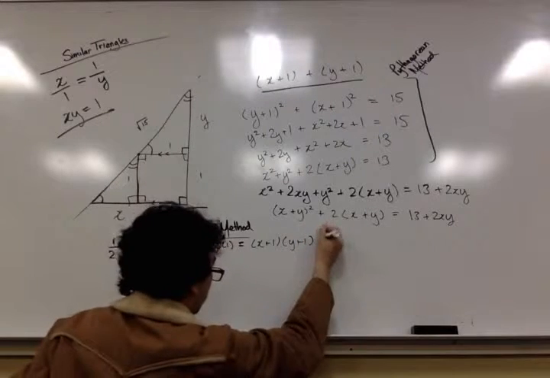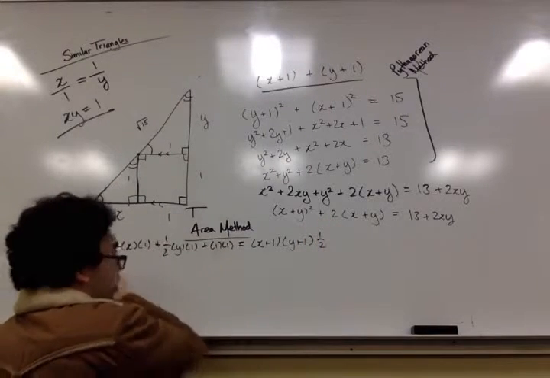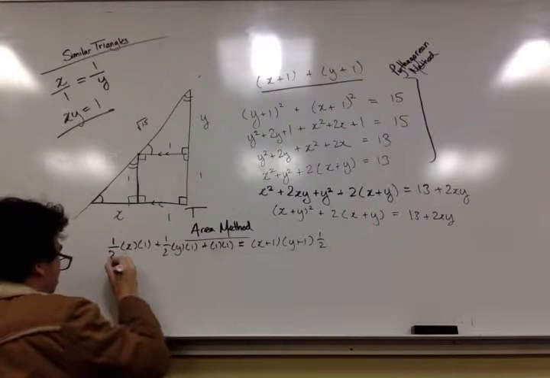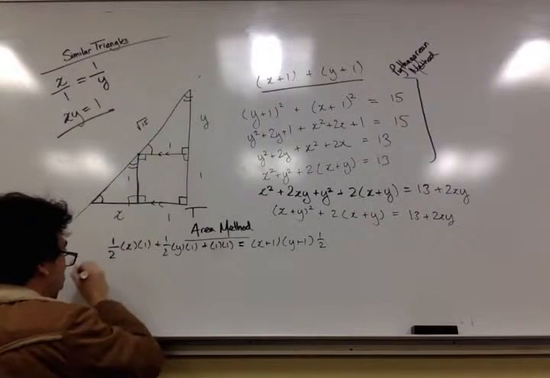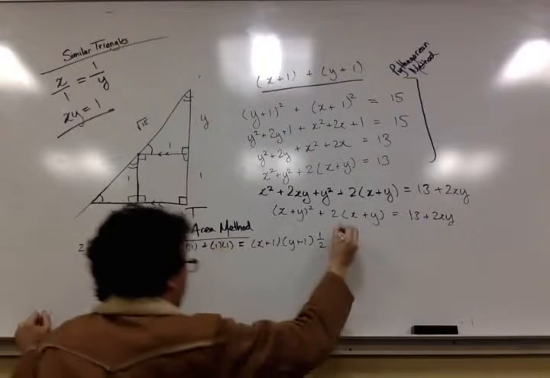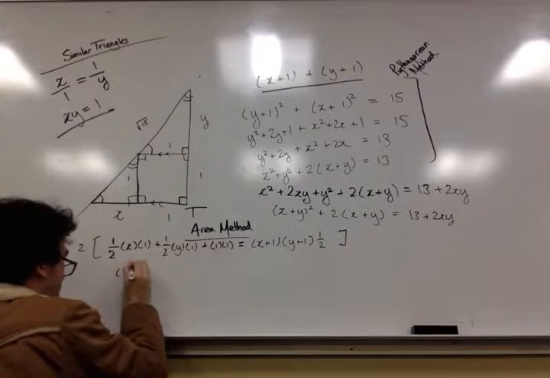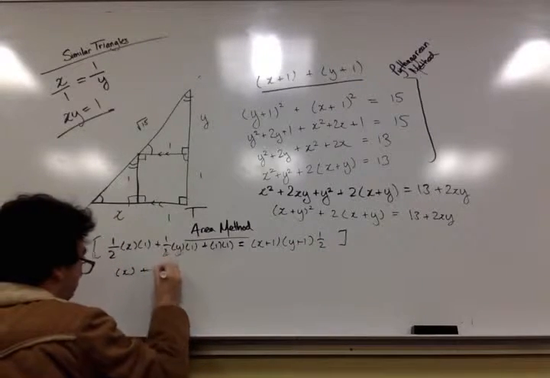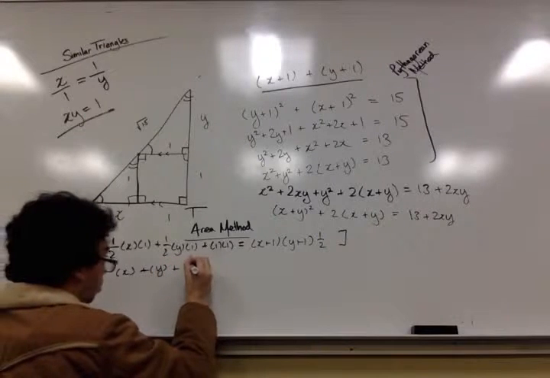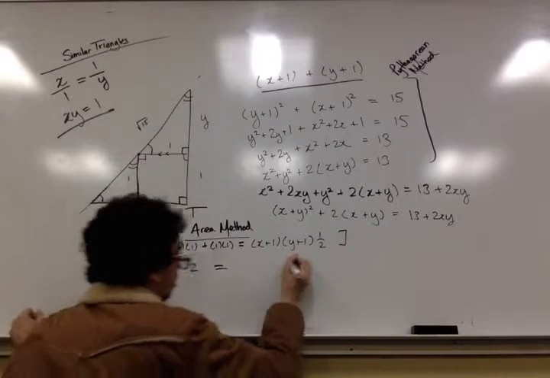I forgot that. I don't like fractions, so let's multiply the whole thing by 2. And so we get x plus y plus 2 is equal to this.